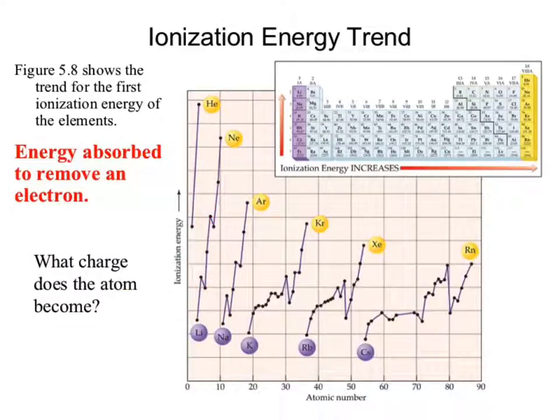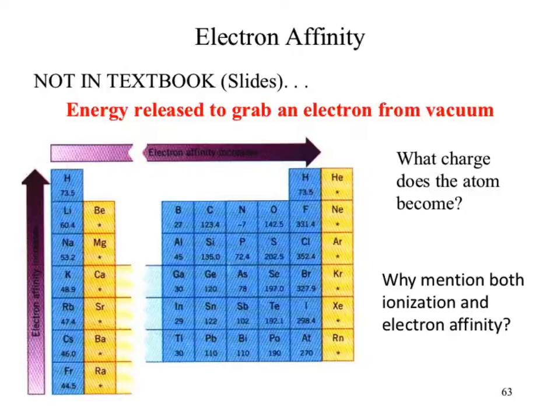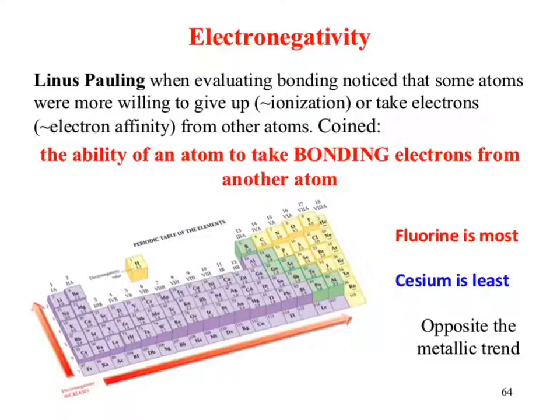So our quick wins or runs after that, we'll ignore electron affinity. Electronegativity is not in your textbook. It's an average of the ionization energy and the, what's the other word? Just looked at it, electron affinity. It is the ability for any one of our atoms to grab bonding electrons and bring them towards them. This is stupidly important. Okay?